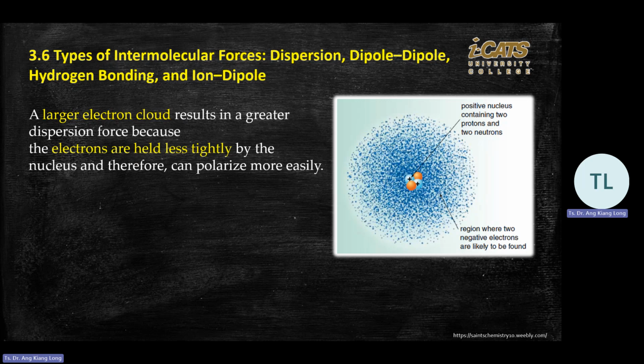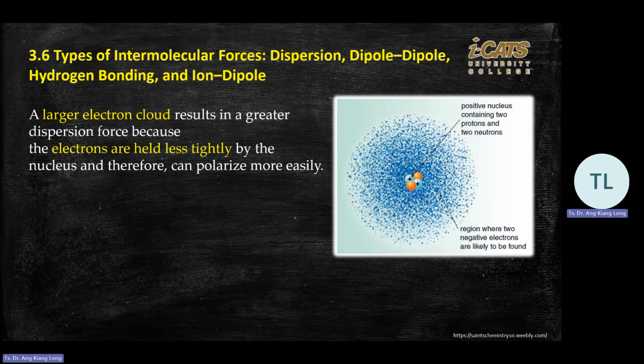If you have a bigger orbit, the central nucleus, like a central magnet, is unable to pull the electrons. When it is unable to control the electrons moving around the cloud, you can easily combine the two atoms, like a magnet.